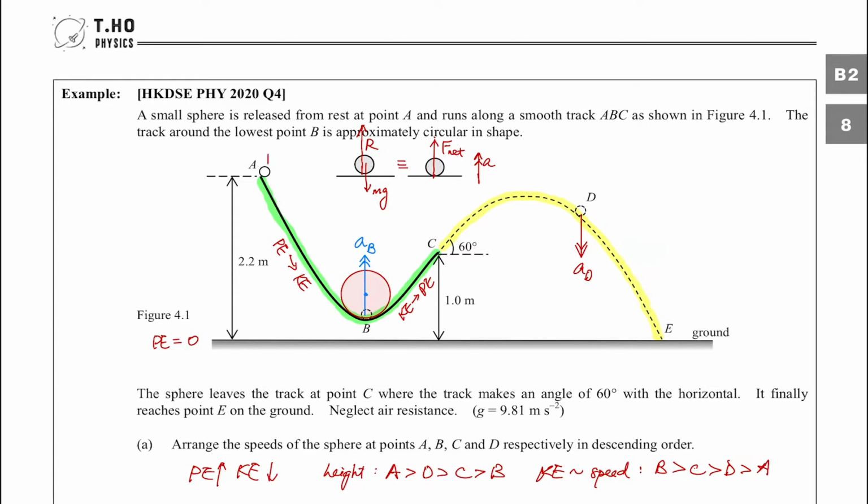At A, we have only PE and no KE because it's released from rest. At point C, it has some PE and also some KE. This total amount will be equal to the total amount at point A.